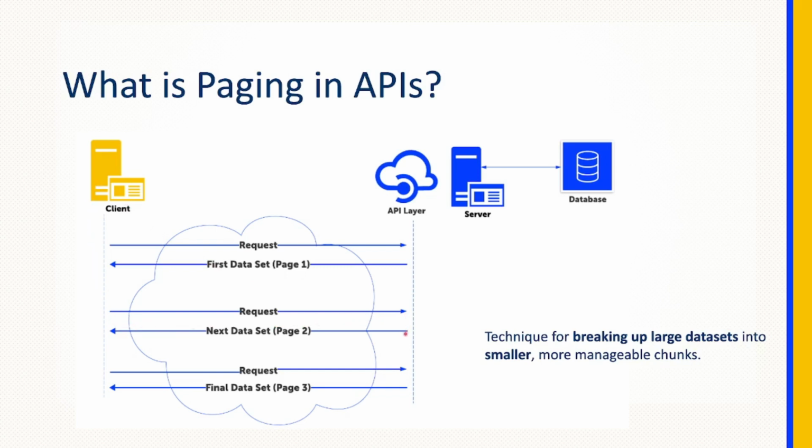Then it receives the next set of data, page 2. Then again, another request goes from the client and the client receives the third set of data, page 3. And this loop, request and reply with a small set of data, repeats until the client receives the full set of data valid for its request.